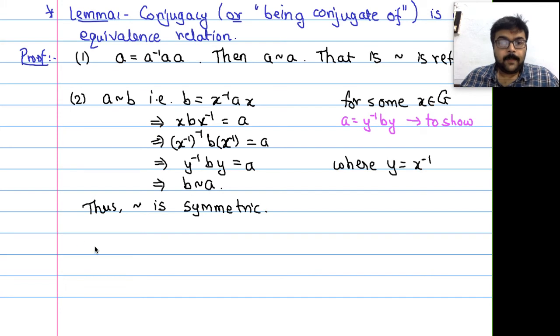Now finally transitivity. So we are given a is related to b, and b is related to c.